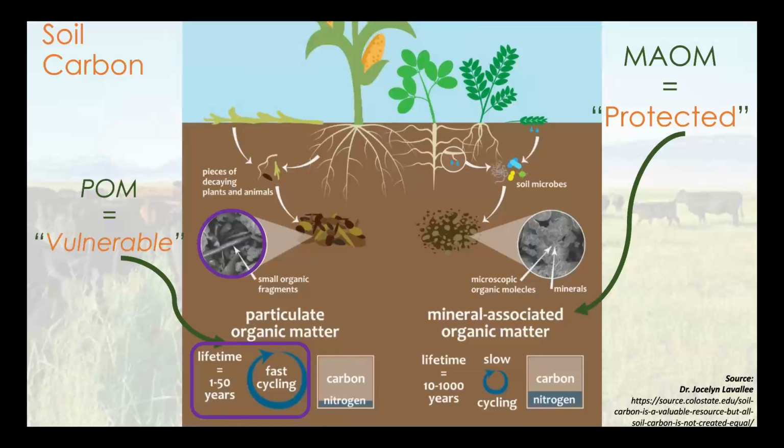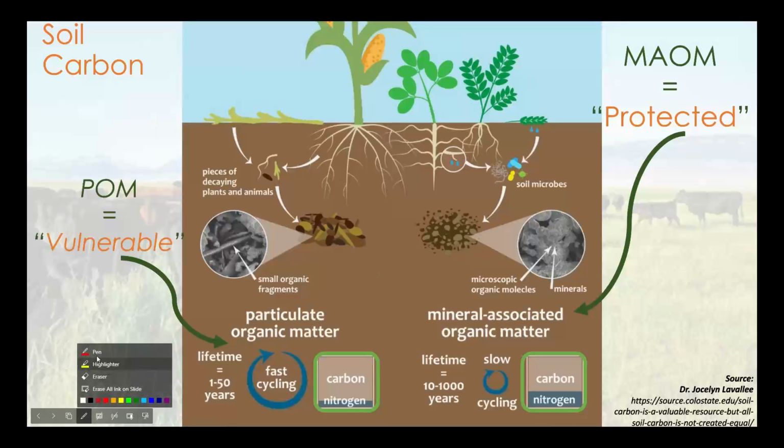So that's the chemical state. The physical state differs and the chemical state differs. But also, importantly, the amount of nitrogen. Organic matter is not just carbon. It contains other elements and, importantly, nitrogen. The carbon to nitrogen ratio of the POM and MOM vary.